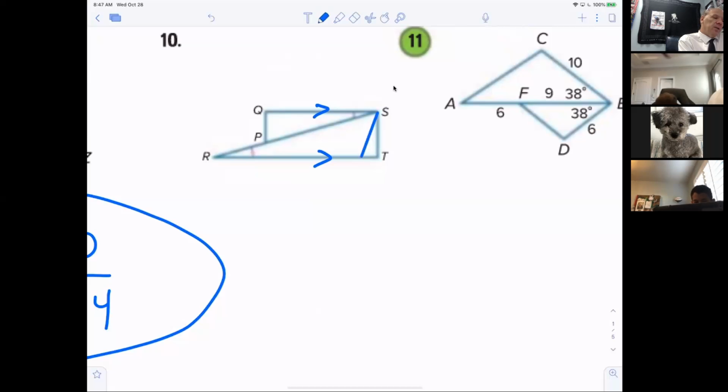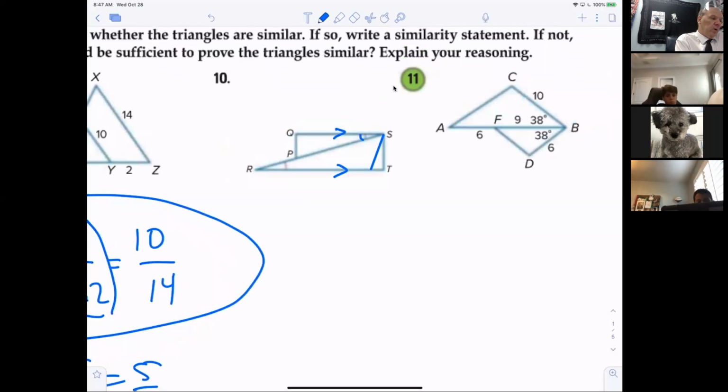I could make ST like that and not change the picture. The angle hasn't been affected, right? So it doesn't say that ST is parallel to QP, so I don't know about that angle. If it would have told us those angles were congruent, then yes, we're good. So I say no, not enough.